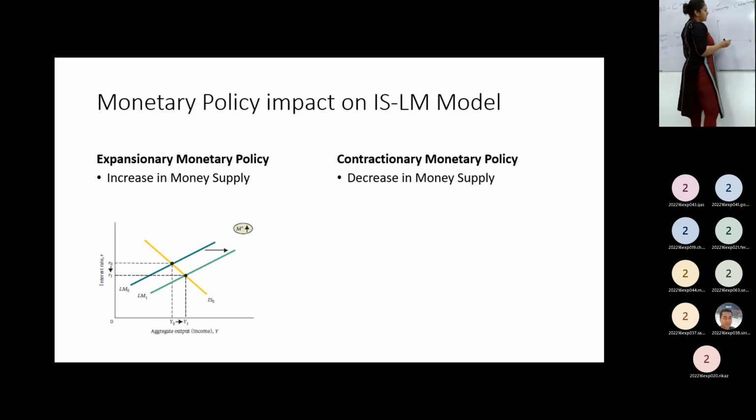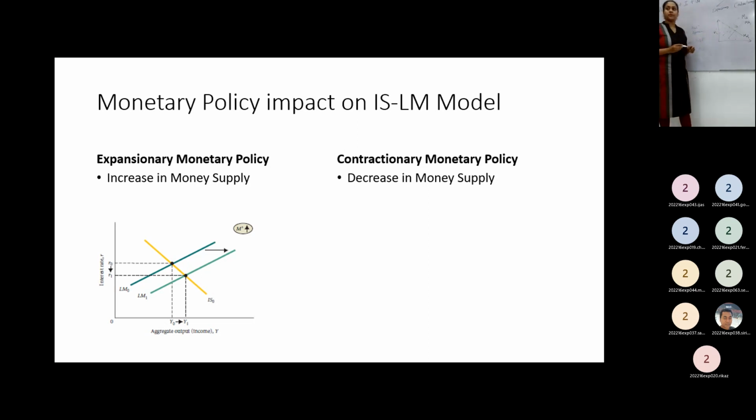The LM curve derives out of the money market, that means money demand and money supply. Expansionary monetary policy means the government is increasing the money supply. When they are increasing the money supply, what will happen to the interest rate? Sorry, the interest rate is reducing.